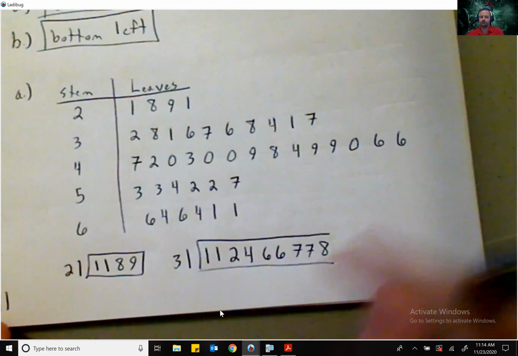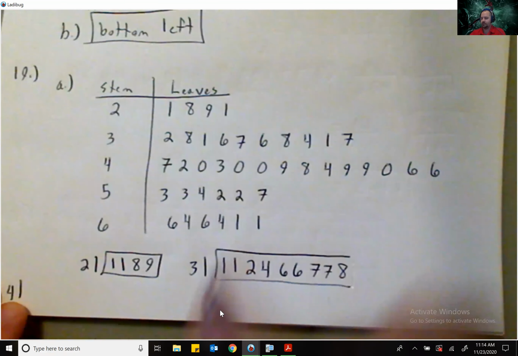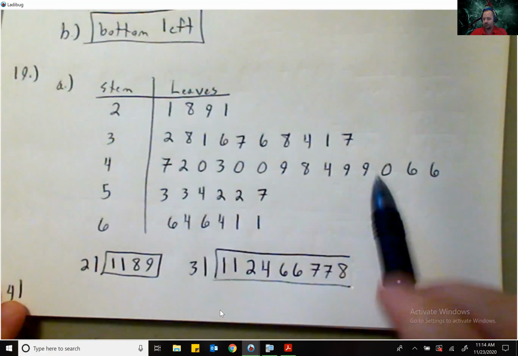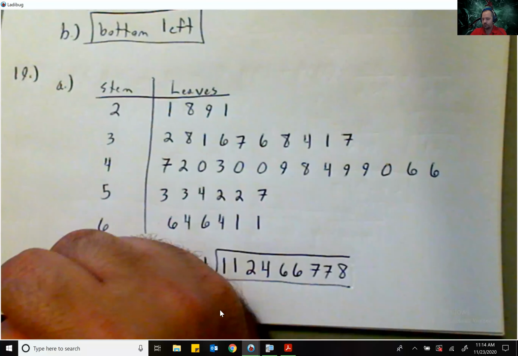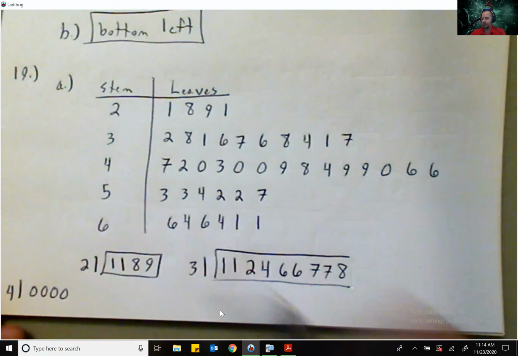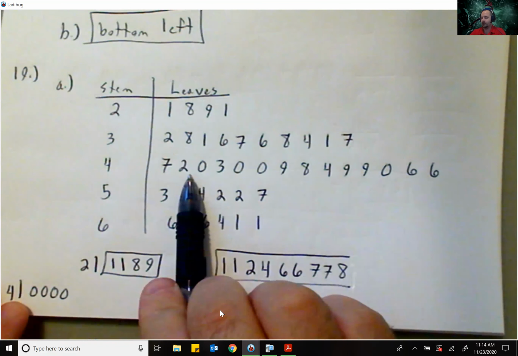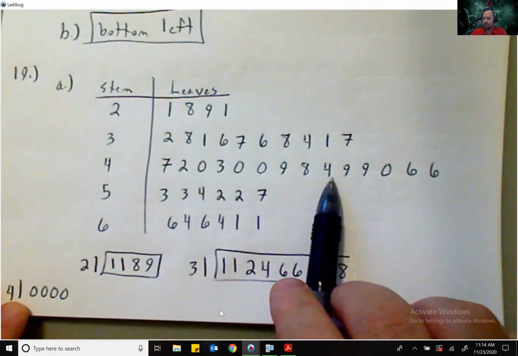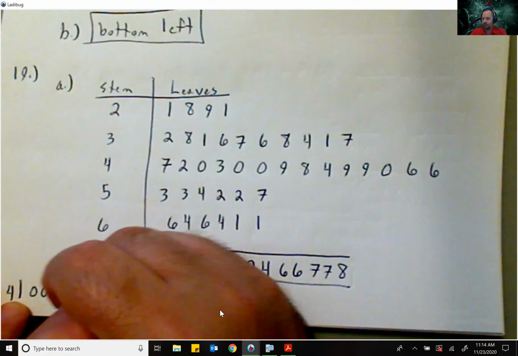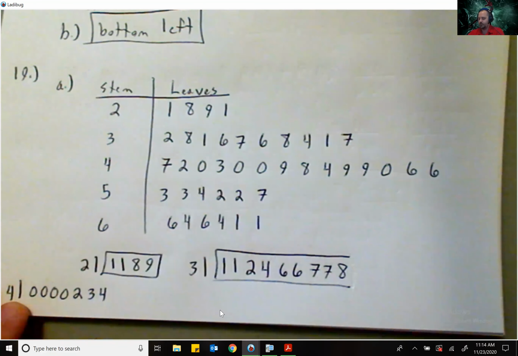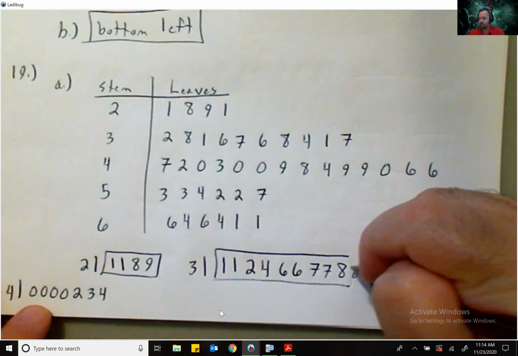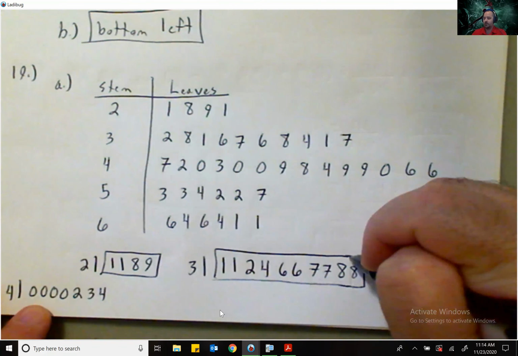4s. So we got 1, 2, 3, 4 zeros. 1, 2, 3, 4. 1, 2, 1, 3, 1, 4, 2, 3, 4. Put another 8. There's that to wrap up 3s.